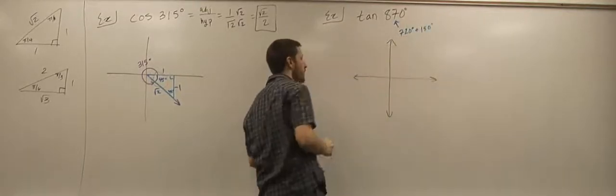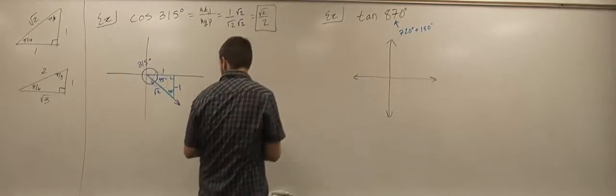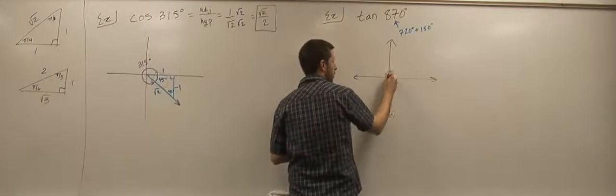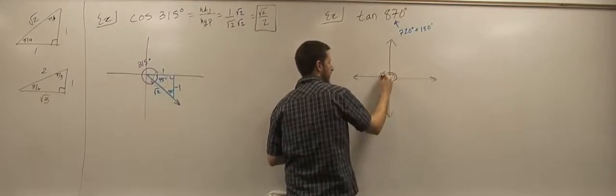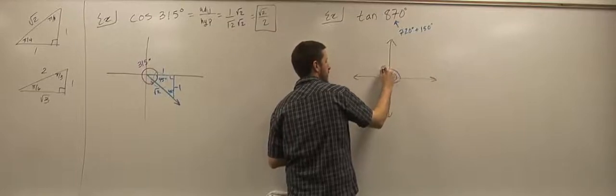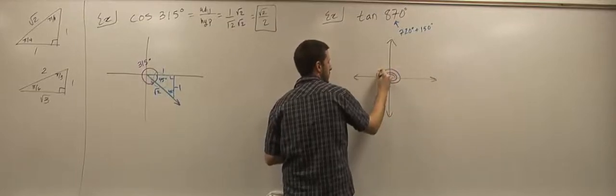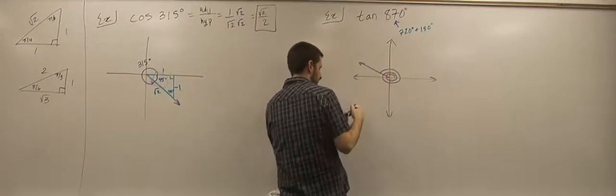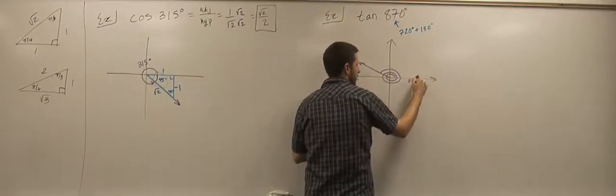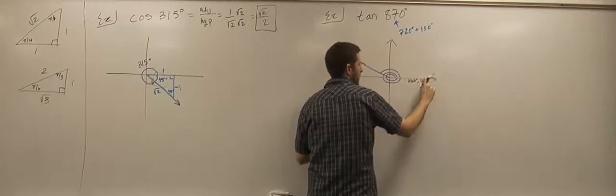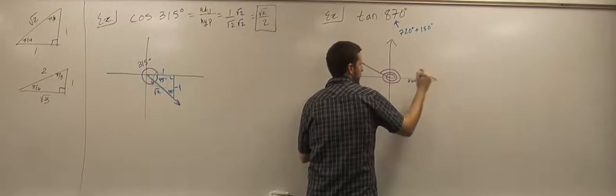And yes, 150 will end up in the second quadrant when you graph it. So we'll go 360, 720, and then another 150. So this guy, we did 360, then we did 720, that was our second revolution, and then we did an extra 150.